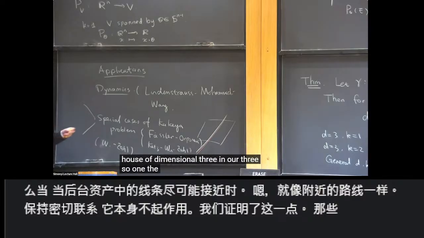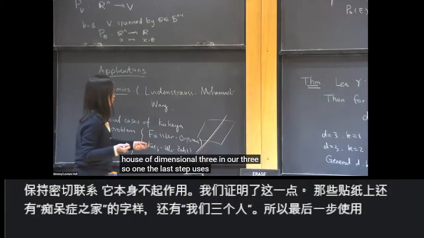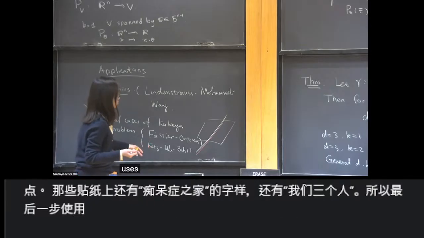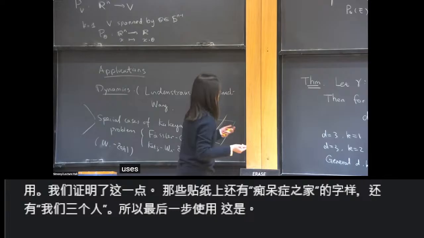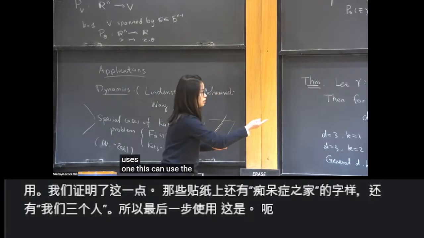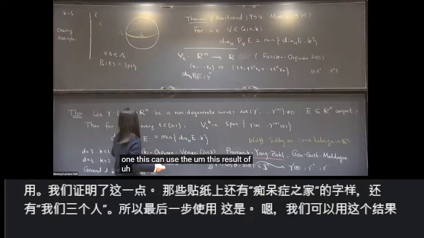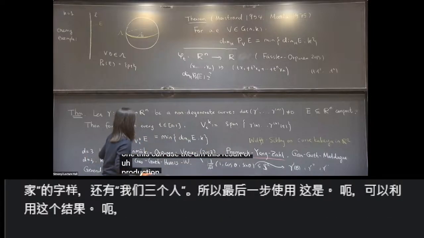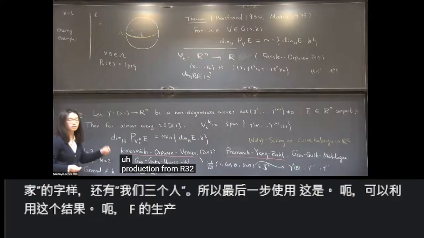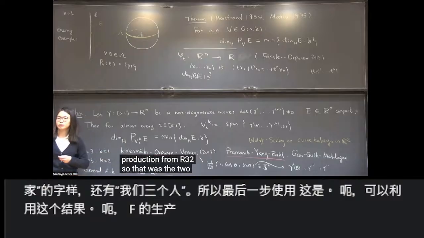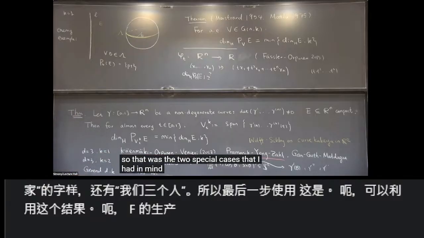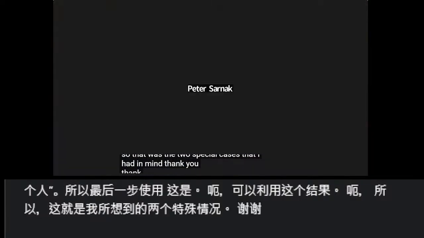So the last step uses the result of restricted projection from R3 to R. So those were the 2 special cases that I had in mind. Thanks. Okay, thank you for your question.